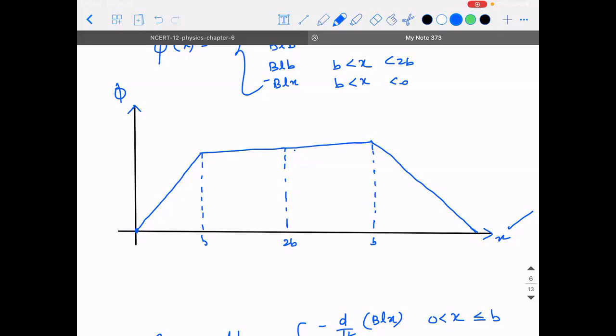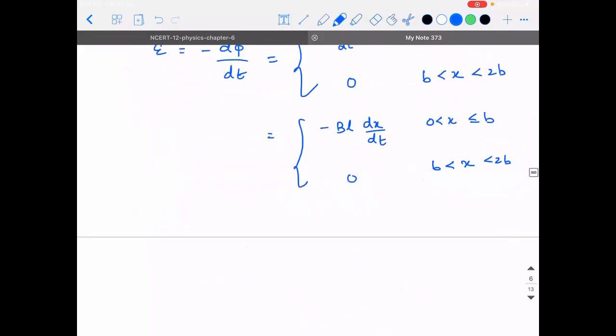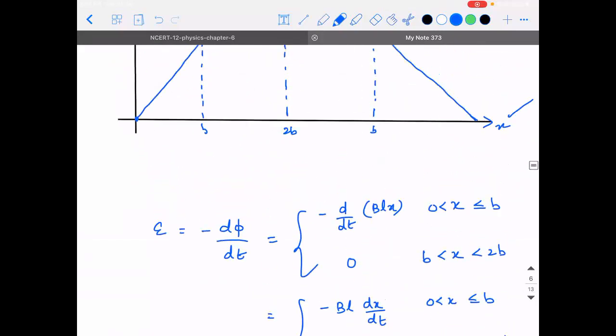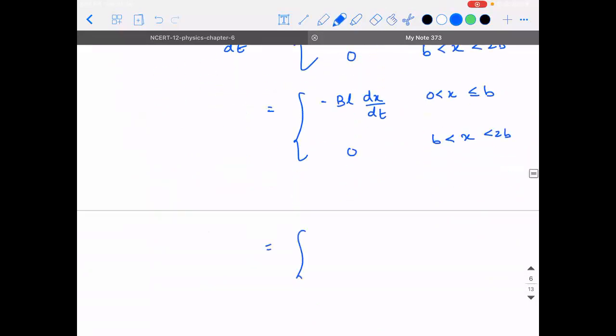Done? So what about EMF? EMF will be minus BLB when the value of x is greater than 0, less than or equal to B. 0 when the value of x is greater than B, less than 2B.